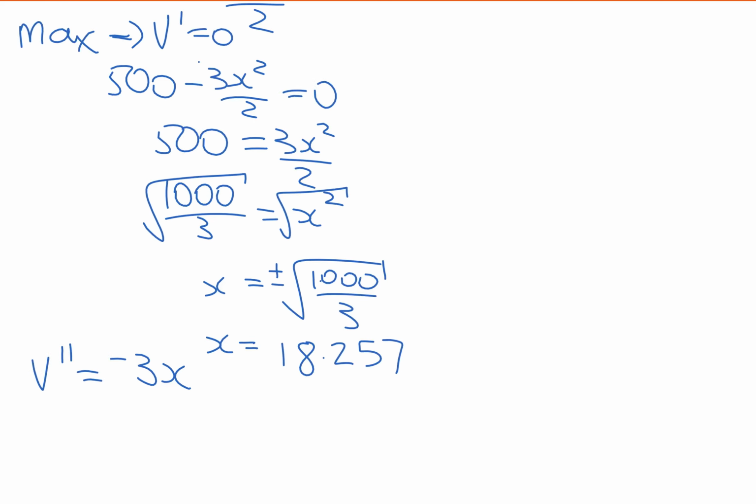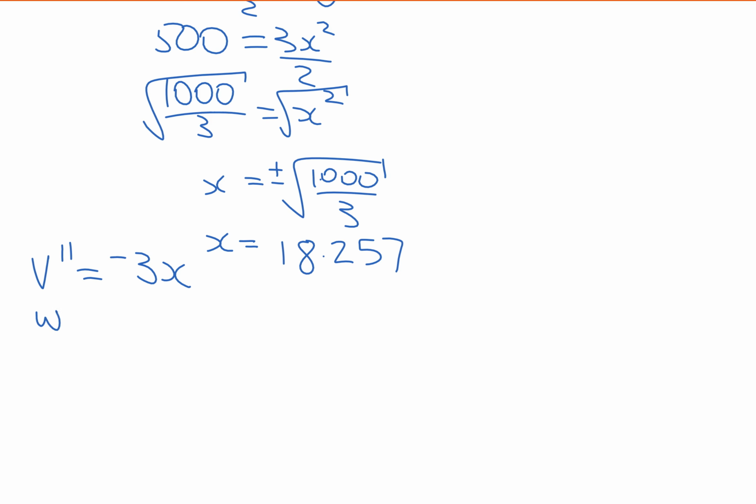Happy with that? Okay, so when x is 18.257, what does v dash dash equal? It's a negative number. It doesn't actually matter what it equals. The value is not important. What is important is that it is less than 0.